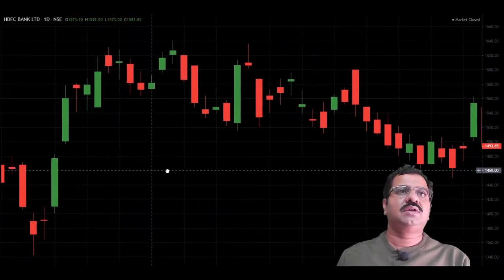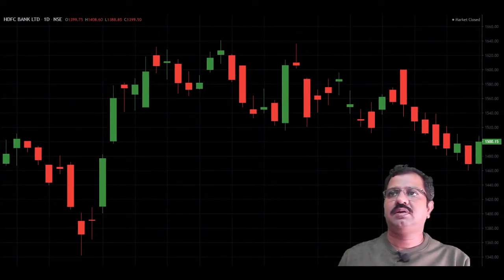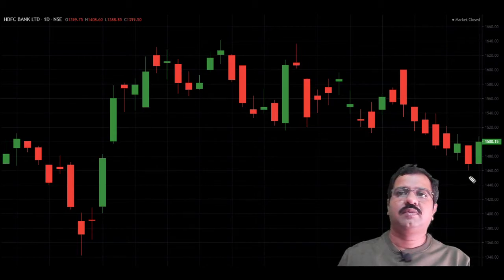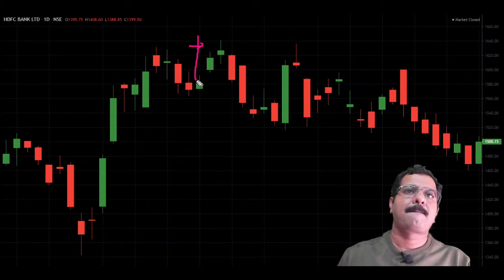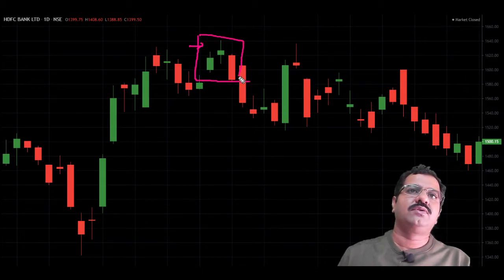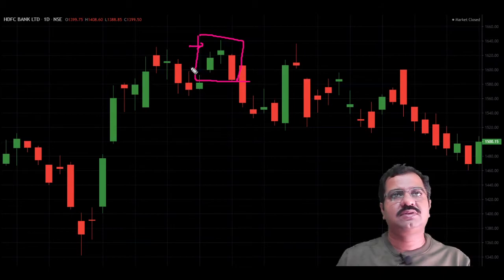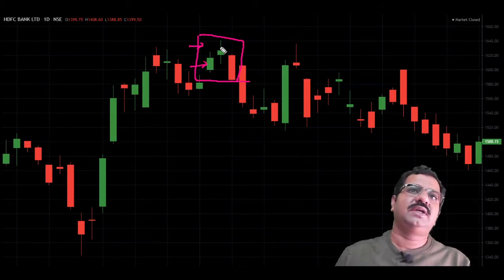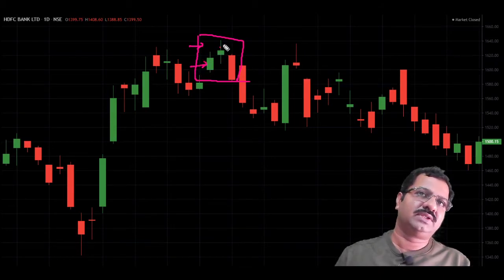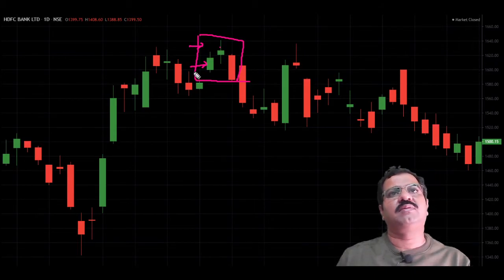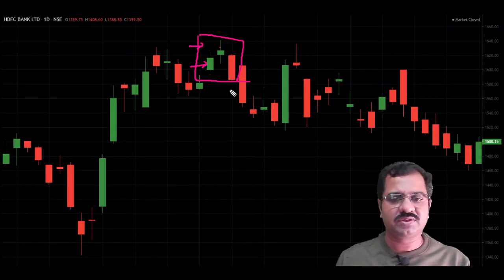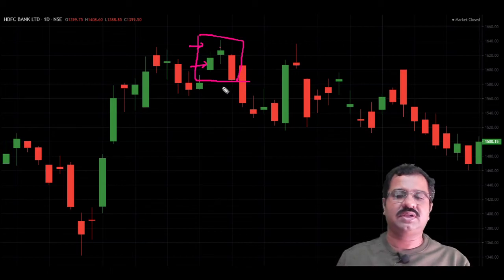Now, if you see here, see this region. Here you can see three candles. This is a bullish candle, then a candle formed here which is more of an indecisive one, and a bearish candle forms. This indicates a probable reversal, and this is called evening star.